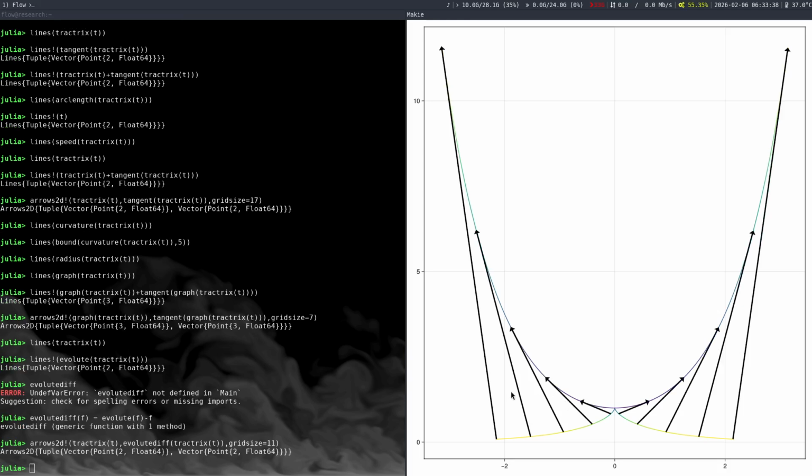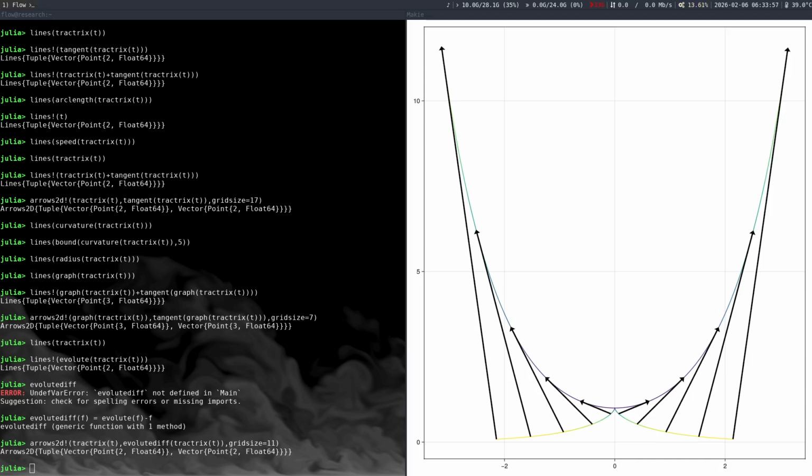And now we can get a better understanding of how the tractrix is related to the evolute of itself, using basically these arrows here.